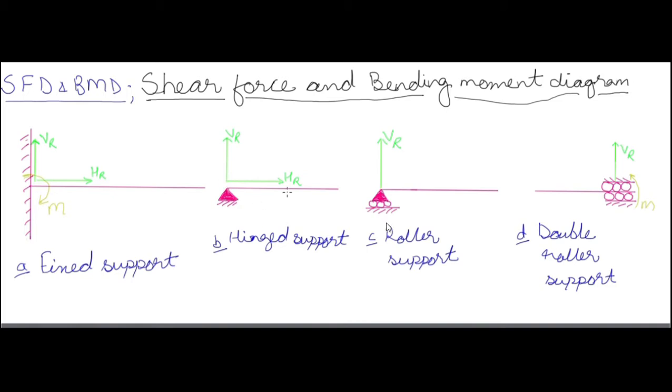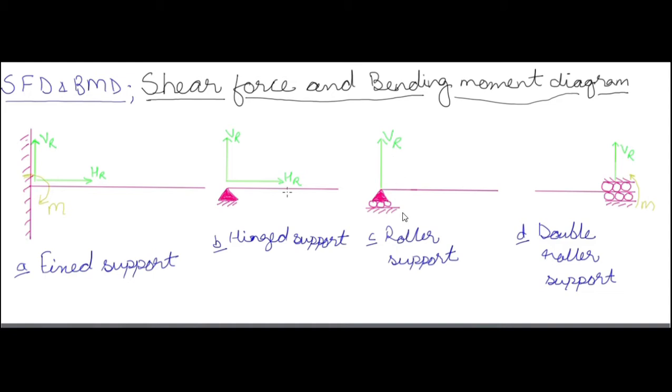Now the third one is roller support. Roller support is also like the hinged support, but we will also have a roller at the bottom. Hence we will not have any horizontal reaction with this support, and only vertical reaction will be induced in the roller support.